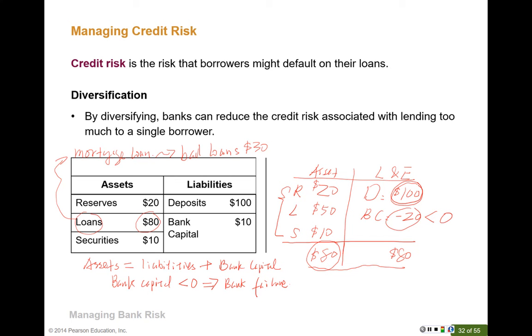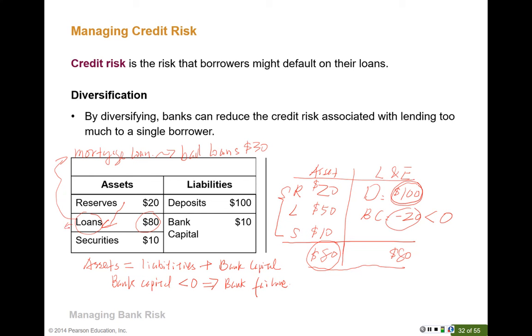So now you see the credit risk. The reason this bank failed is that this bank concentrated its lending in mortgage loans. So if the housing market collapses, this bank will lose a lot. In order to reduce the credit risk we just talked about, the bank actually needs to diversify.